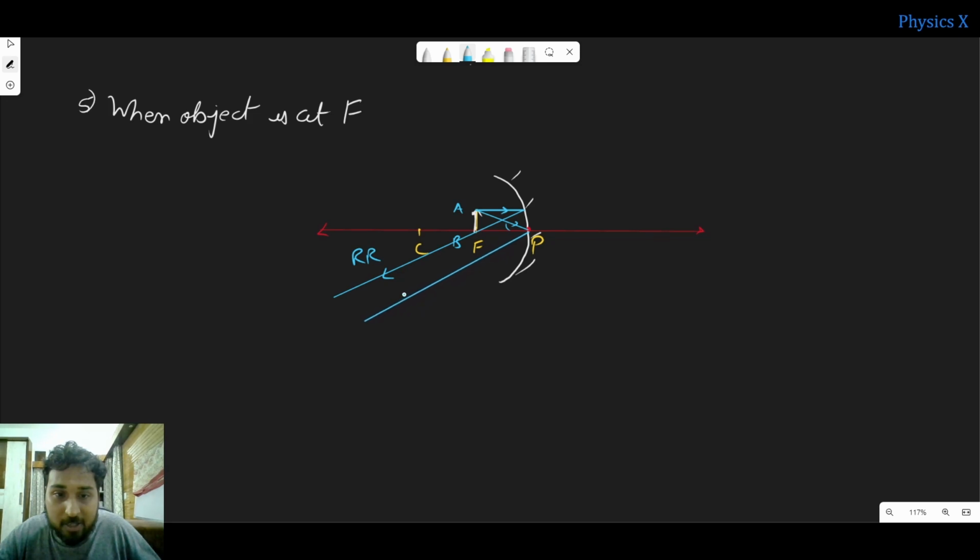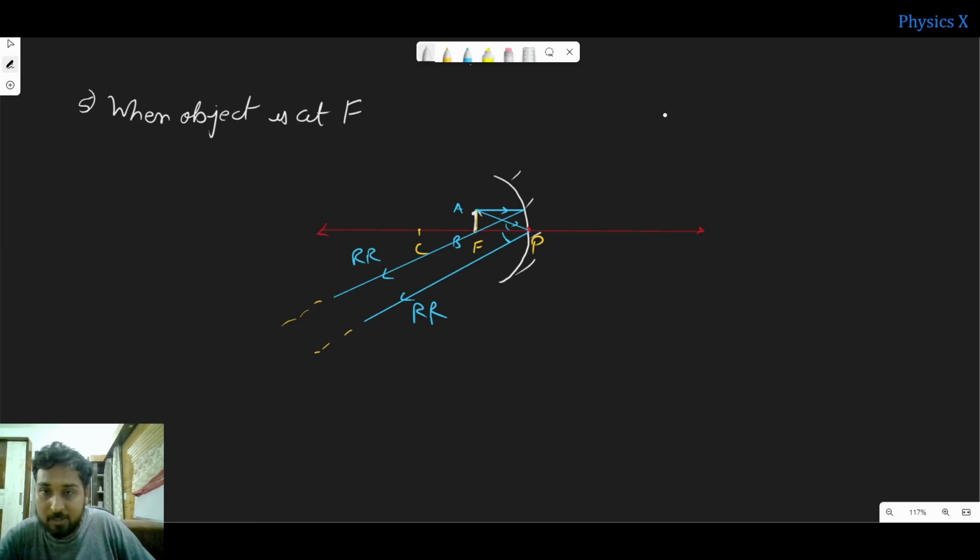So it will be somewhat like this. Now you can see that these rays are coming out parallel, so it appears that they will be meeting at infinity and the image will be highly enlarged. So you can see that they will be meeting somewhere at infinity.